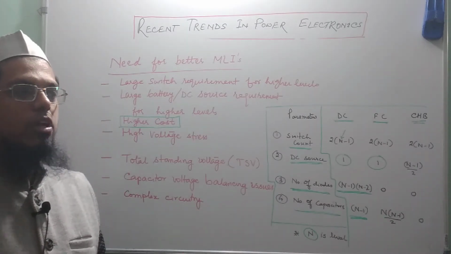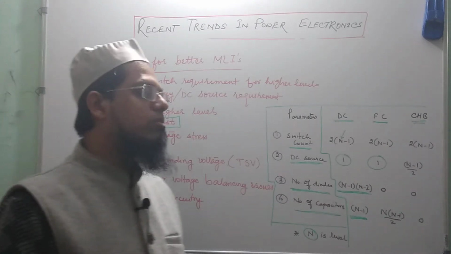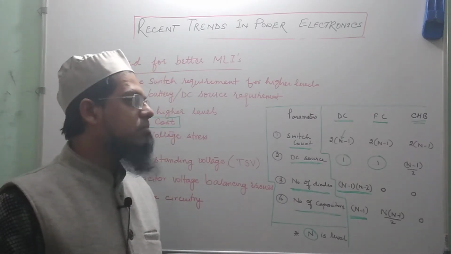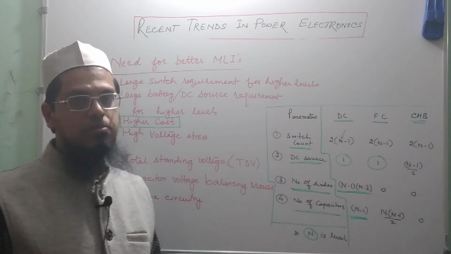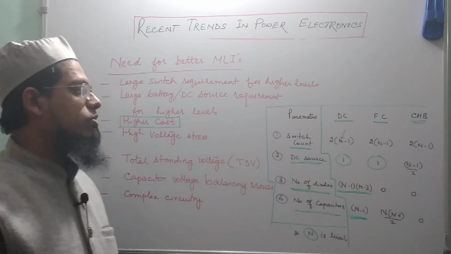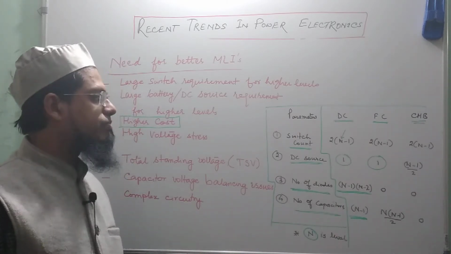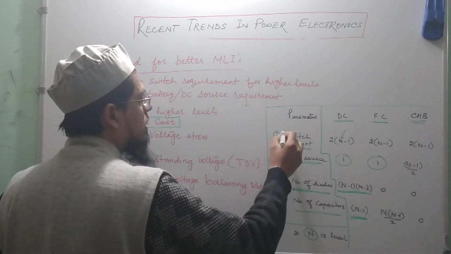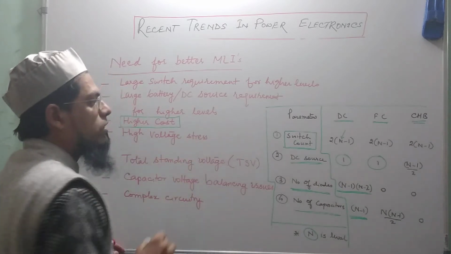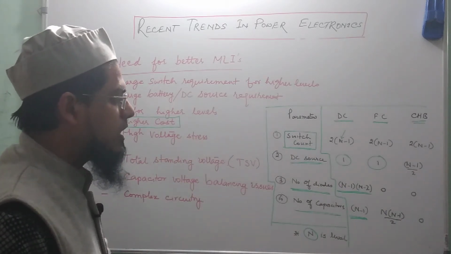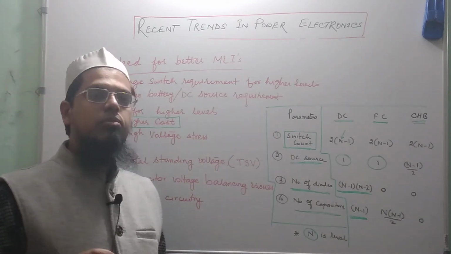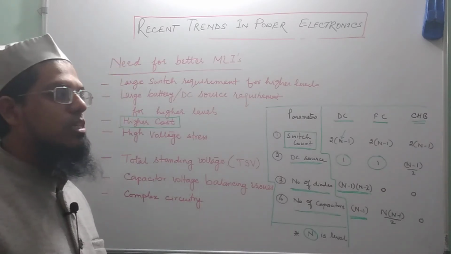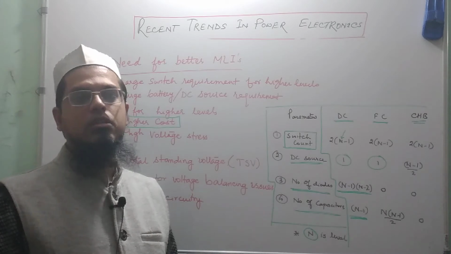If we are talking about lead acid, some other good batteries may have a longer replacement time, but still they need replacement, and they are quite costly. Moreover, if the number of switches is large, then again there is a problem of losses. The more the number of switches, the more will be the losses.